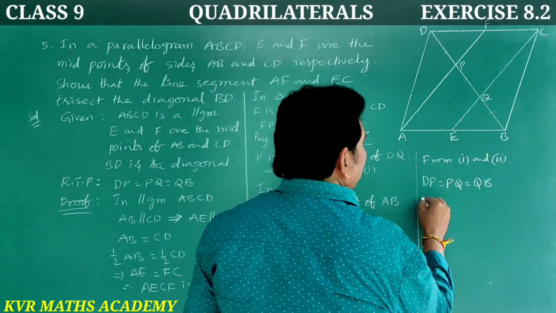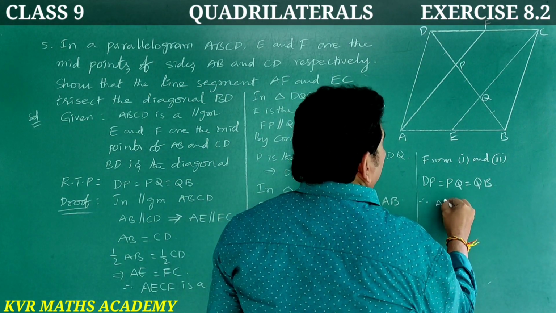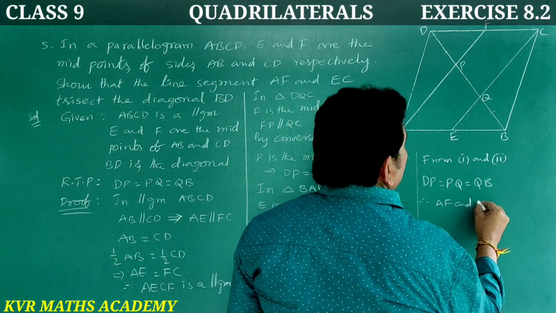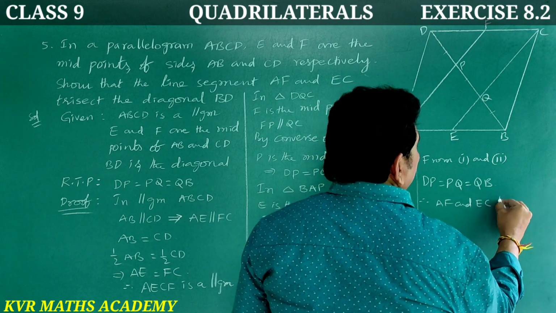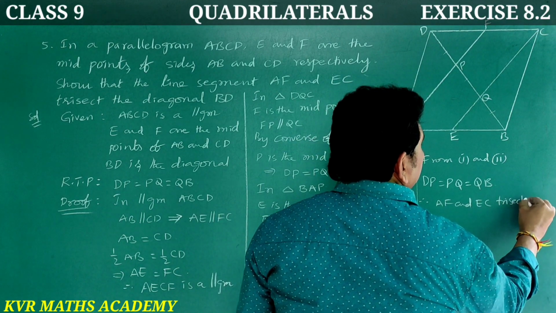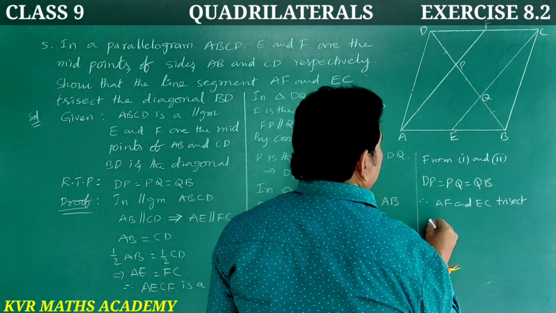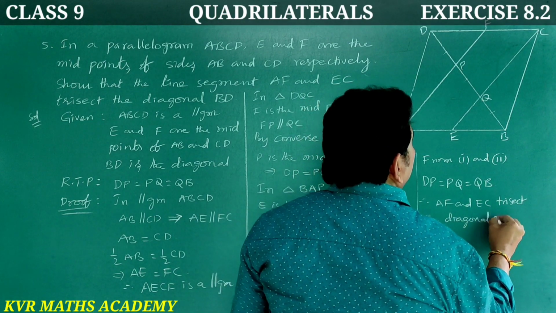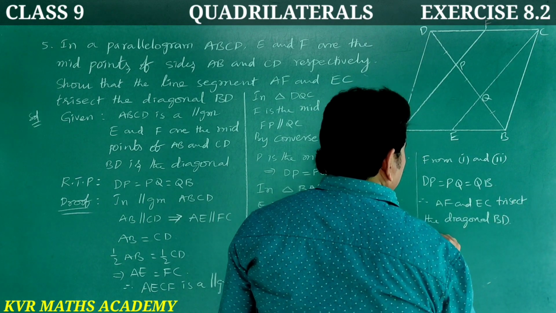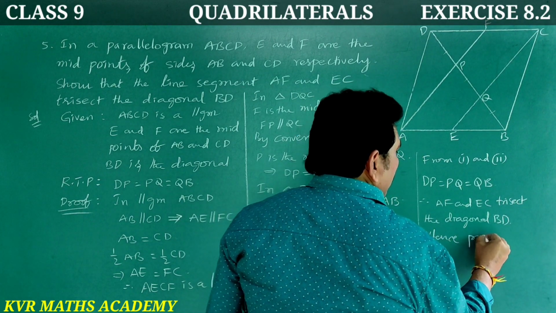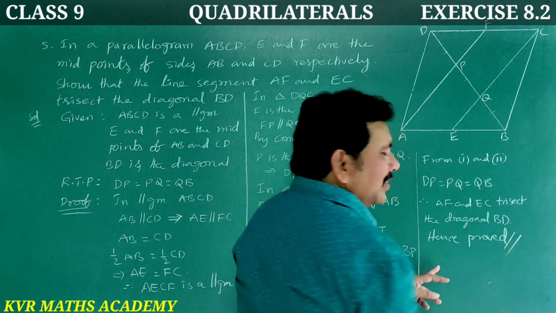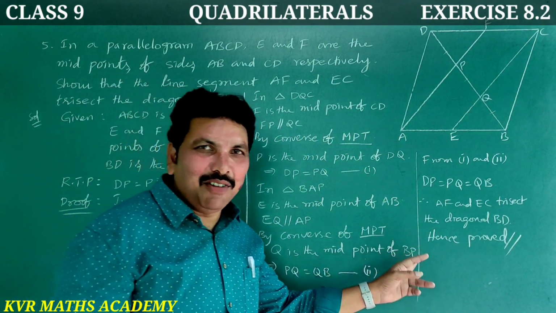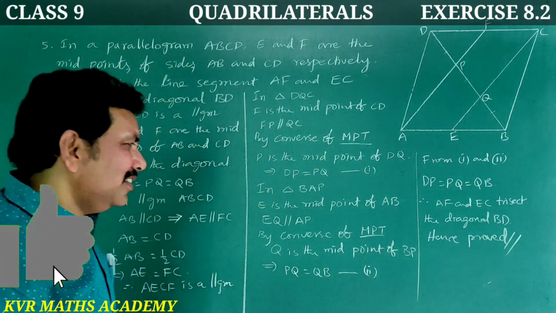Therefore AF and EC trisect the diagonal BD. Hence proved. Have you understood clearly? Yes, note it down.